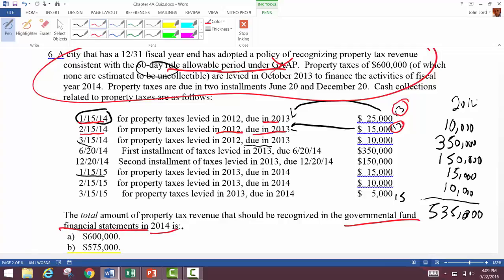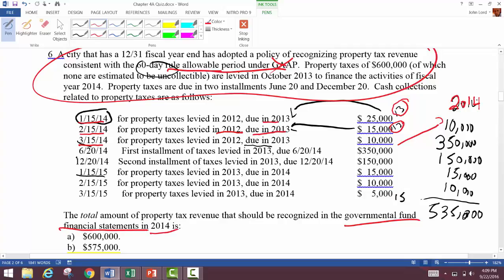12. Okay, good. Then you come over and we have this 315.14 for property taxes levied in 2012, due in 2013. But what happened? They fell beyond the 60 days, didn't they? So I got to take that 10,000, don't I, as 2014 money? Okay, good.